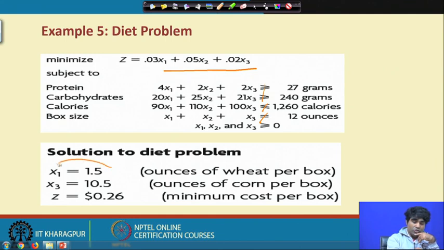So, the values of the decision variables will be x 1 equal to 1.5, x 3 equal to 10.5, and in fact x 2 is not coming here, and z is coming 0.26. So, that means it is not necessarily true that all the decision variables will be active. Sometimes, because of constraints and the requirement with respect to the objective function, some decision variables may finally be dropped.